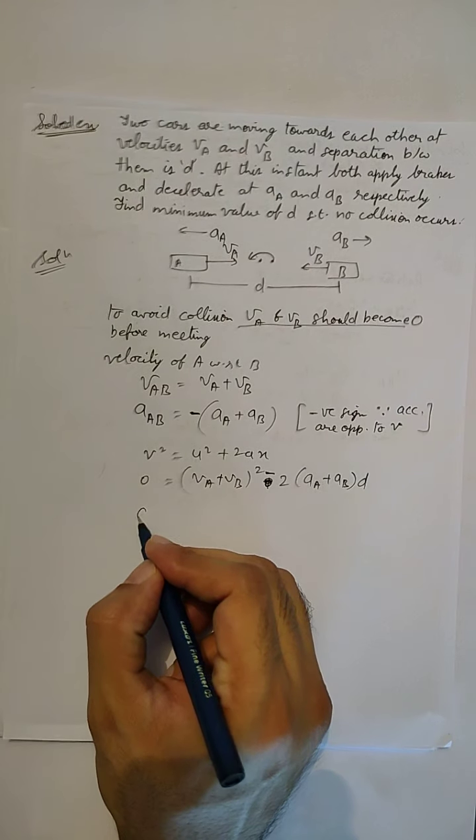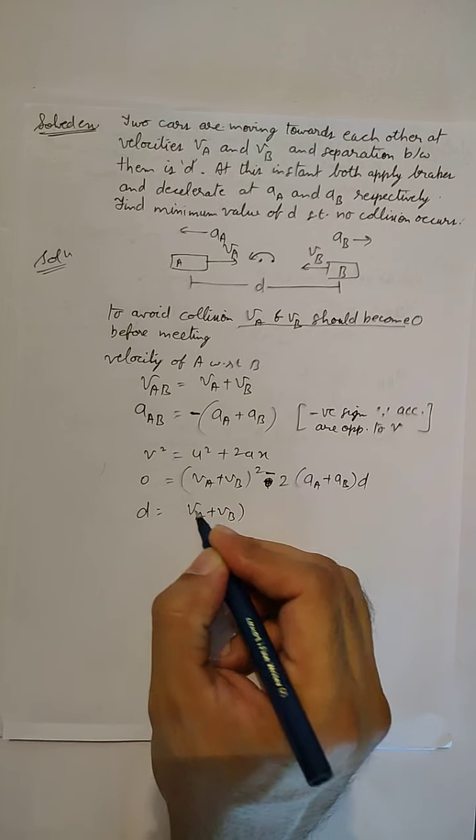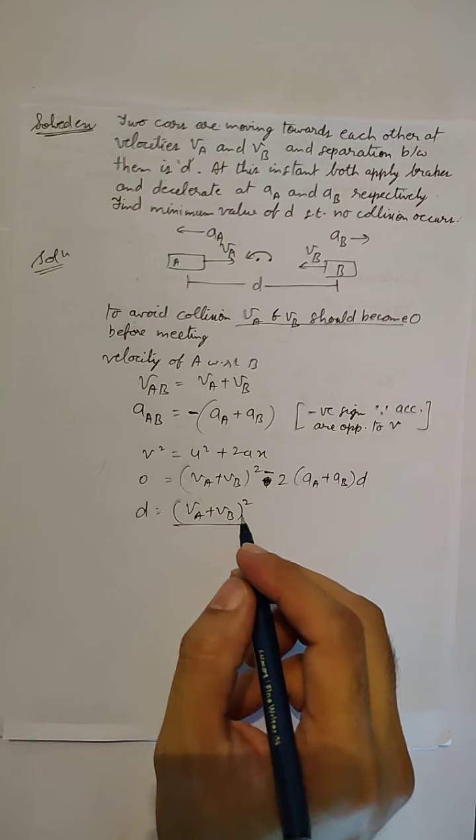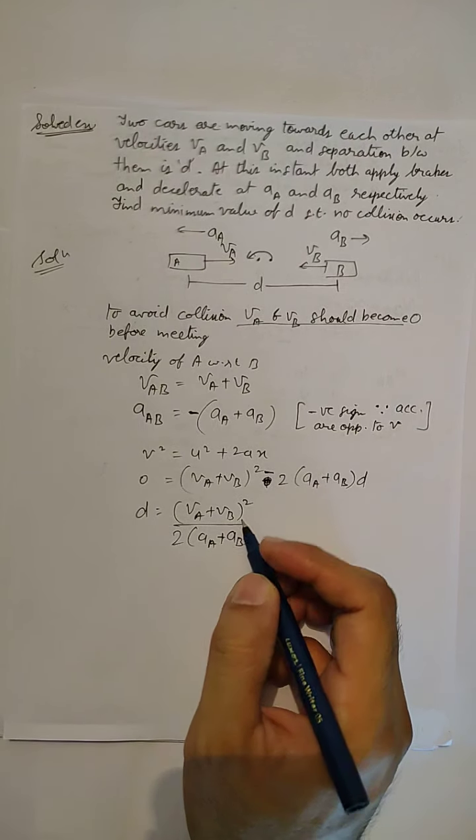So we have to find the value of D. So the value of D from this equation will be (VA plus VB) whole square upon 2 times (AA plus AB).